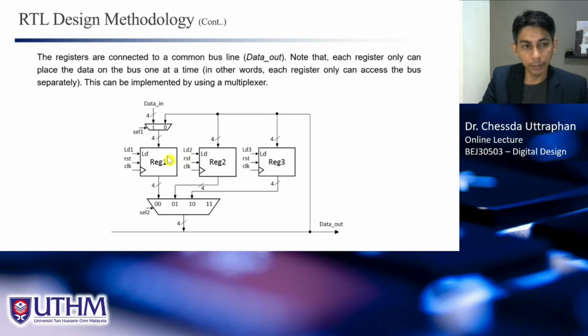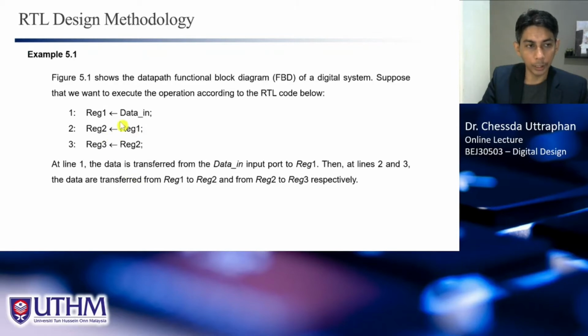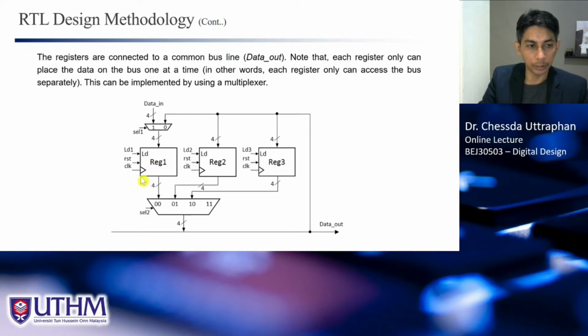For example, for the first operation, we need to set SEL1 to 1 such that the data can be here, and set LD1 to 1 such that the data will go to reg1, and don't activate the others yet. All right. And for the second operation, we need to set this to 0, 0 and set this to 1, and don't activate the others, right?